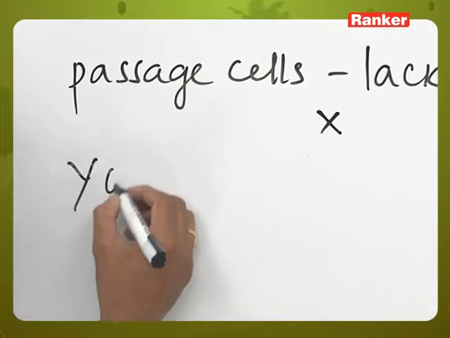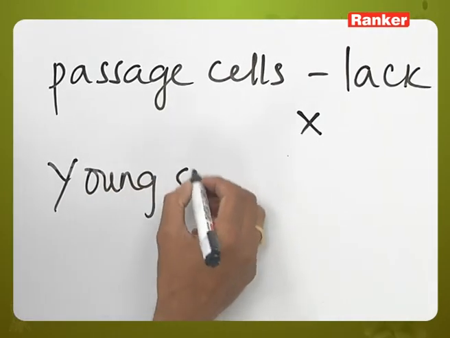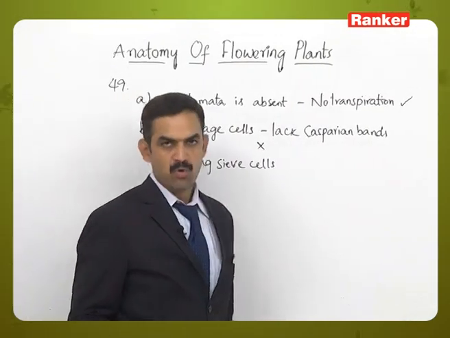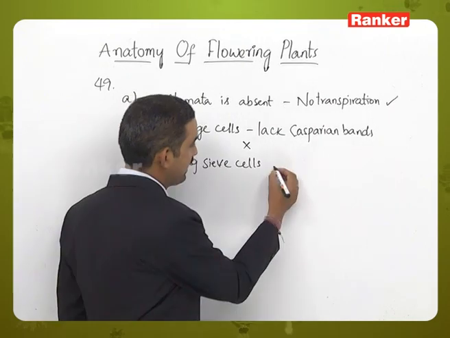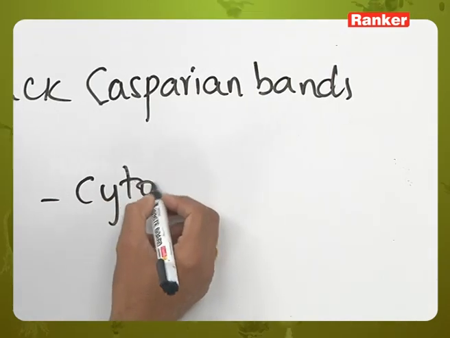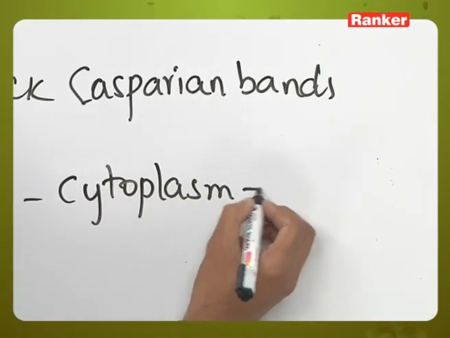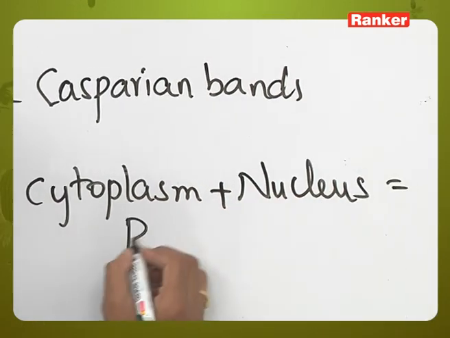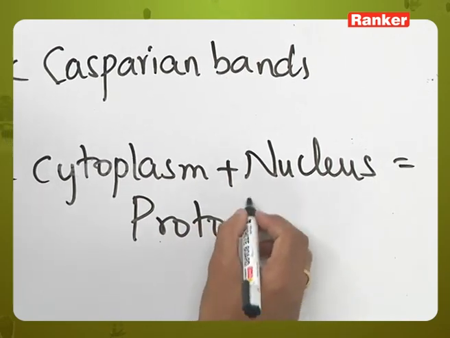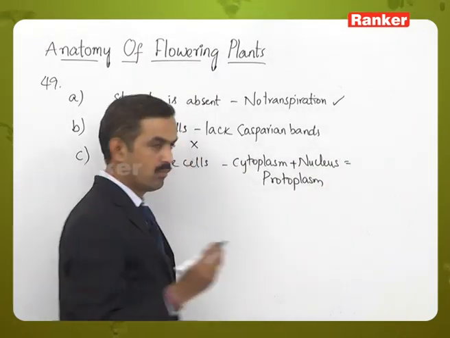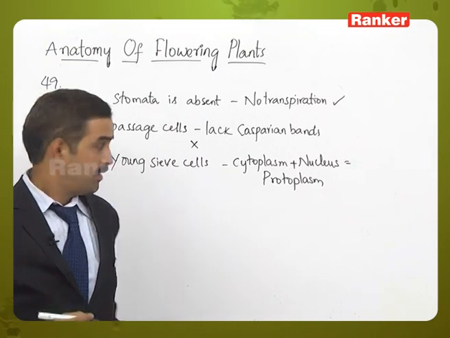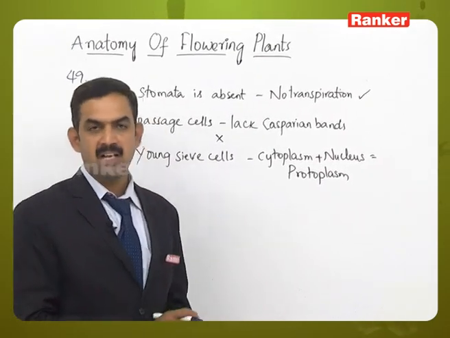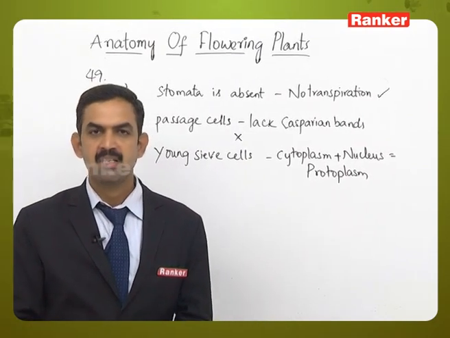Young sieve cells. Sieve cells are part of phloem tissue. Young sieve cells contain cytoplasm along with nucleus, so we can call this protoplasm. But one thing has to be considered here: when the sieve cells become mature, the nucleus gradually disappears.